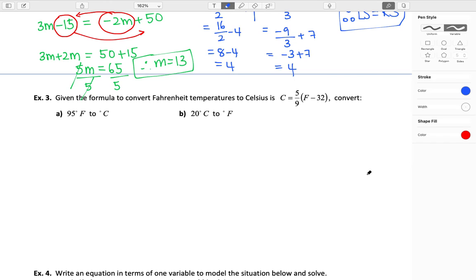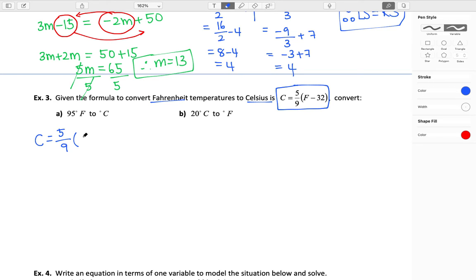Number 3 is showing you how to convert Fahrenheit temperature to a Celsius temperature using this formula. This is a standard formula that you will use. So for example, for letter A, we are given the Fahrenheit. So we're going to use this formula. C is equal to 5/9.